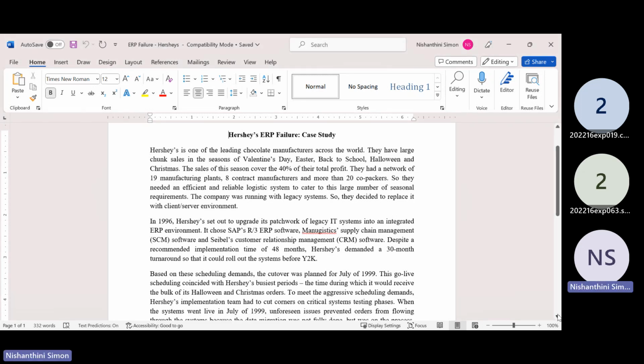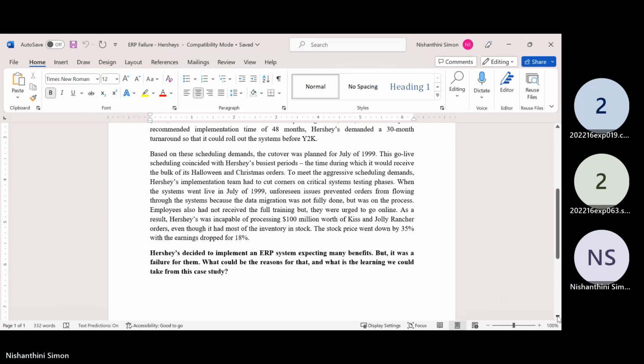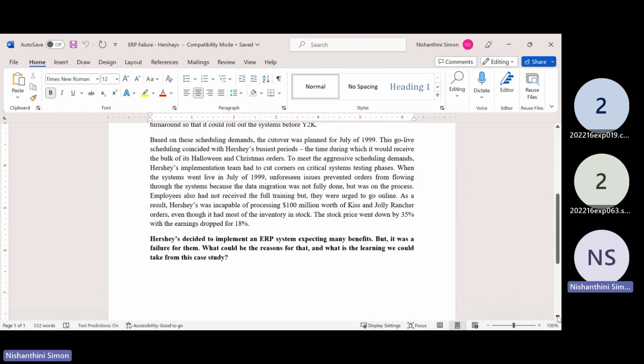And just after going through them, a small question is also there. They had decided to implement an ERP system, expecting benefits, but in the end it became a failure. So what could be the reasons for that, and the learning from this? Who is going to start?